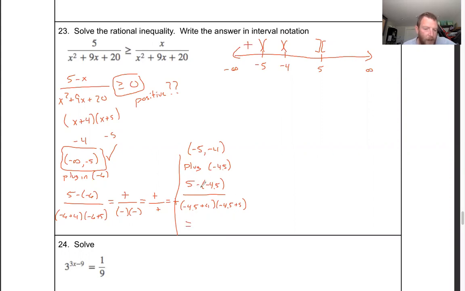Which is equal to 5 minus a minus makes a positive, divided by negative 4.5 plus 4 is a negative. Negative 4.5 plus 5 is a positive. So positive, a negative times a positive is a negative. Positive divided by a negative is a negative. So this is a negative.